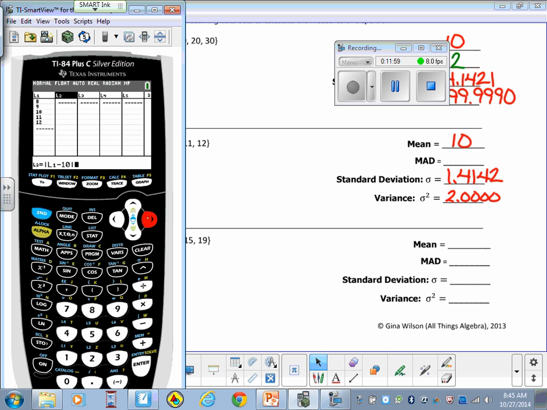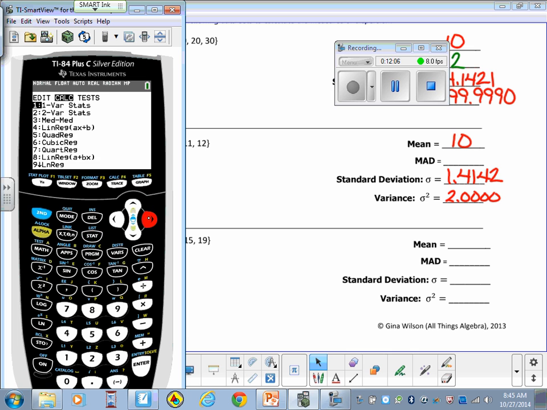Arrow out from that absolute value sign and press enter. Now I'm going to say stat, calc, one variable stats, but I want to use list 2 this time around. So second 2, enter, enter, enter. Here we go. 1.2. This has become our mean absolute deviation.